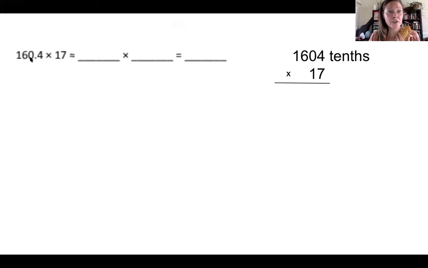We took 160 4/10 and we decomposed it so that we only have tenths. So if we're taking all of that and placing it all in the tenths place, we're going to have 1,604 tenths.